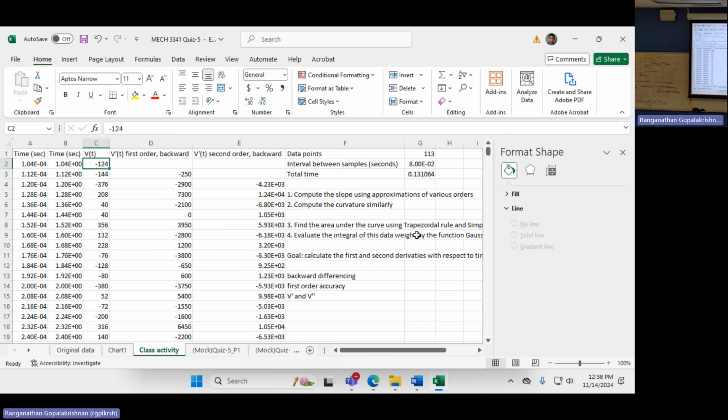So if column C is your displacement, column D is your speed, and column E is also your speed, but with a different level of approximation.